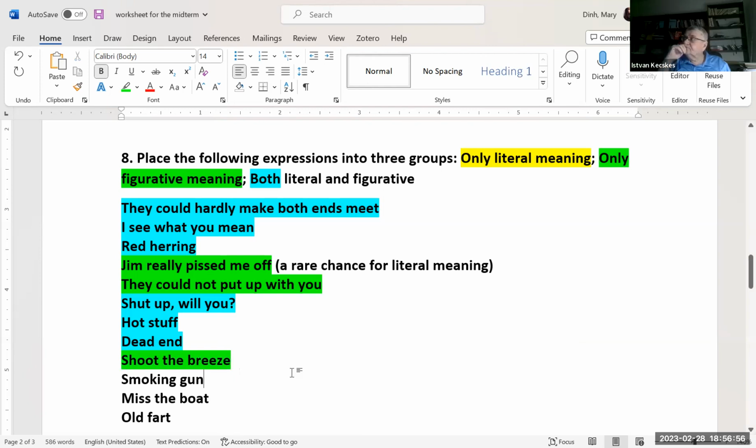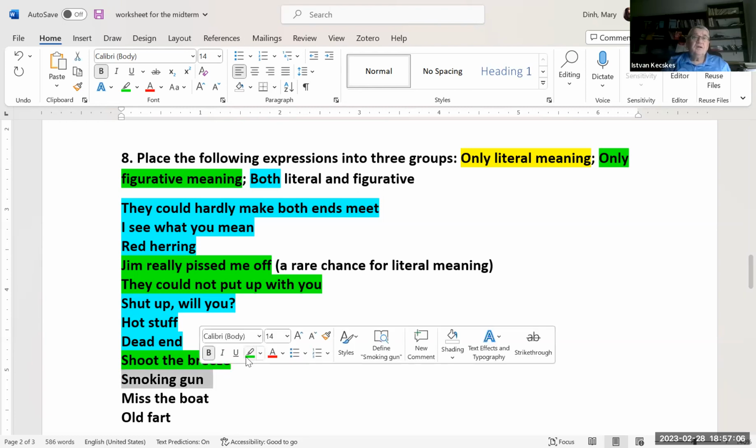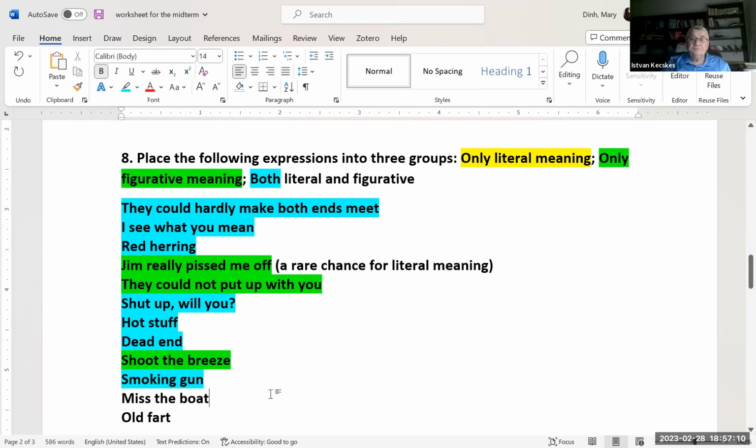How about smoking gun? Van. I guess both. Yes. I'm not sure. There is no doubt about that. Miss the boat. Uzo, miss the boat. Yeah, I wrote both. Yes, both literal and figurative. Yeah. How about the last one?